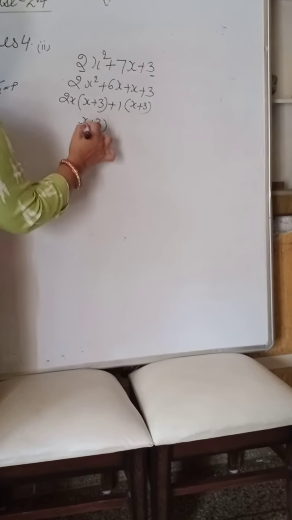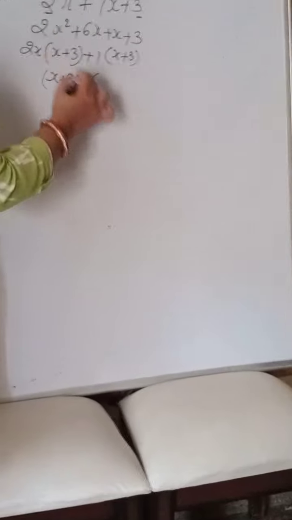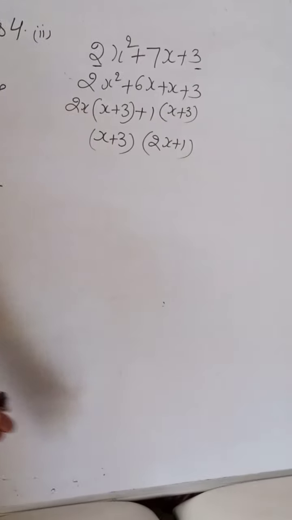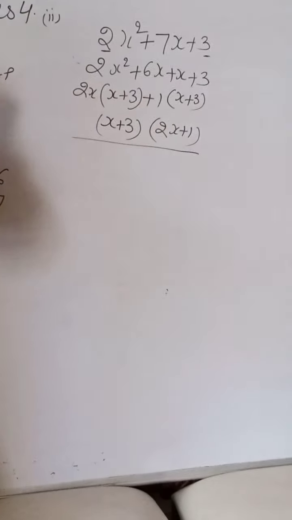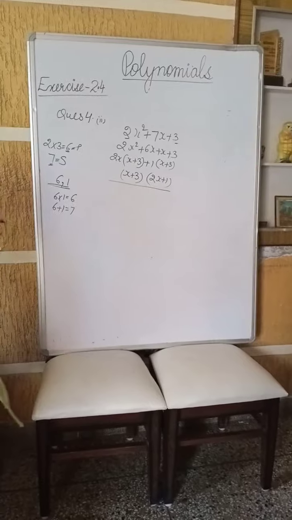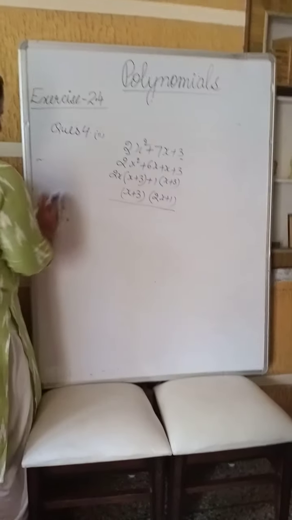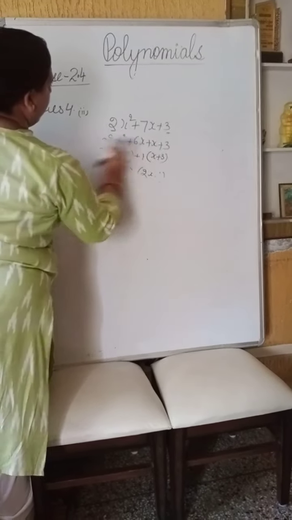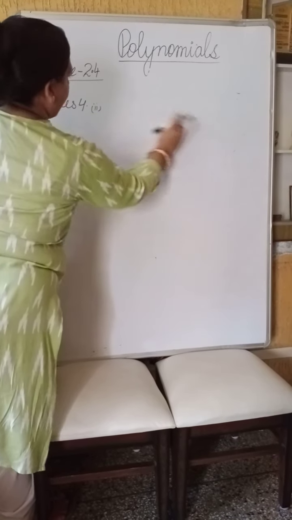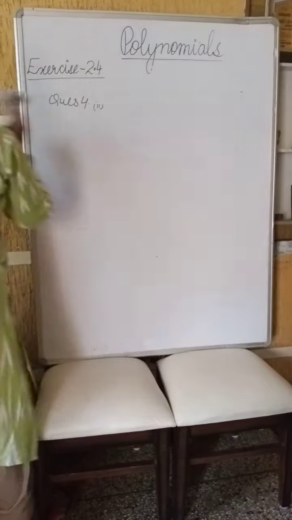From here you can take common x plus 3 and then you can write 2x plus 1. So these are the factors of part second. Clear, students? I hope all things are clear to you. You are getting the things. And if you are not getting, then you can watch the videos 2 times, 3 times.